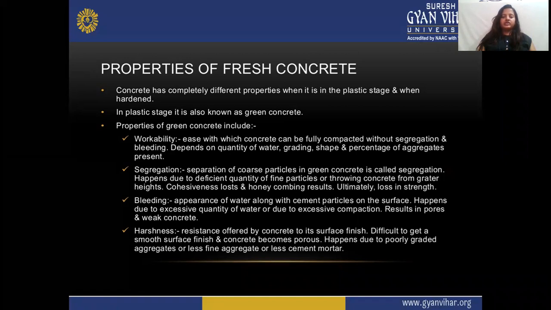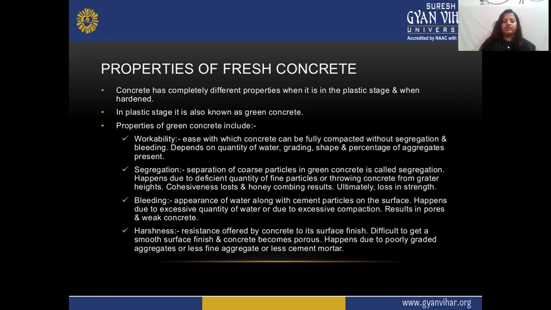Bleeding. Bleeding means the appearance of water along with cement particles on the surface, which either runs through the gaps of the mold, due to excessive quantity of water or due to excessive compaction. It results in pores and weak concrete.